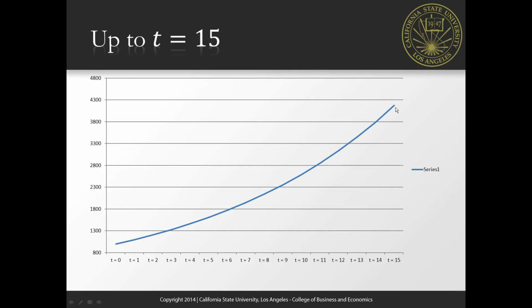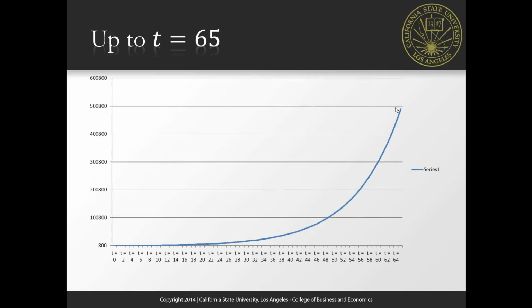Now, the really remarkable thing is when we take this way out, let's say 65 periods, 65 years, we can see that there is now exponential growth. We can clearly see that our account balance is growing exponentially. You can see that over 65 years at 10% per year, our original $1,000 is now worth almost $500,000.